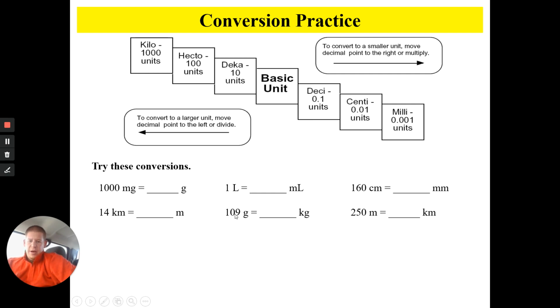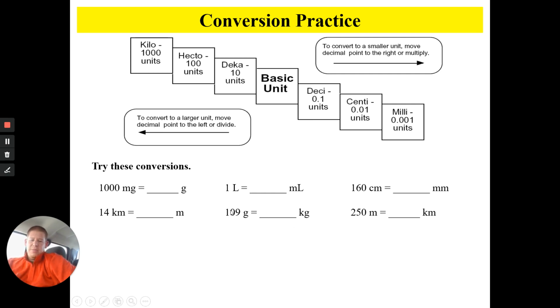All right, these last two are a little tricky. So we start with 109 grams, and we're going to move to the left up to kilograms. So we're 1, 2, 3, but this time our decimal point moves to the left, so the decimal would be here. 1, 2, 3. That would be 0.109, or 109 thousandths of a kilogram. So really small.